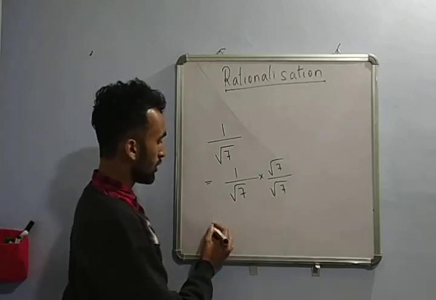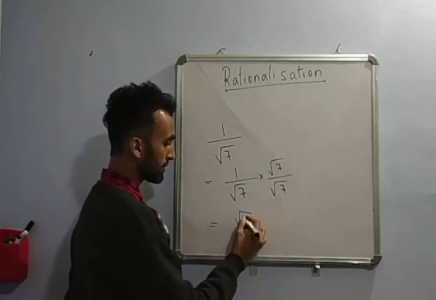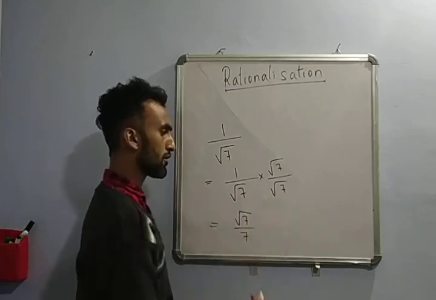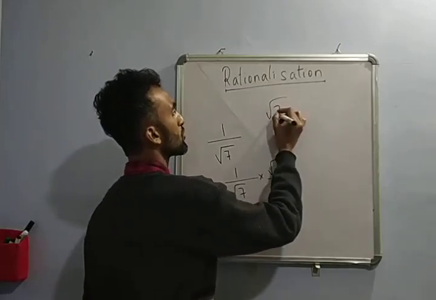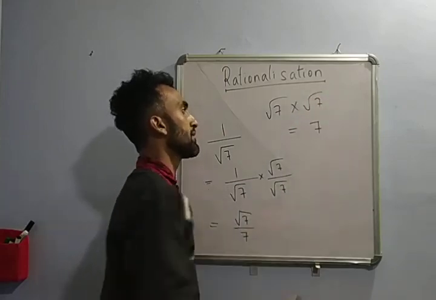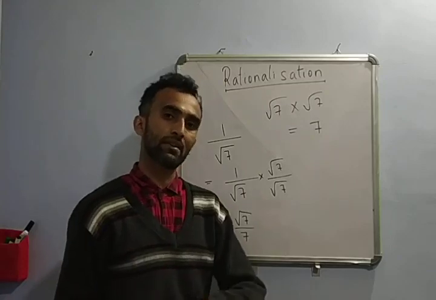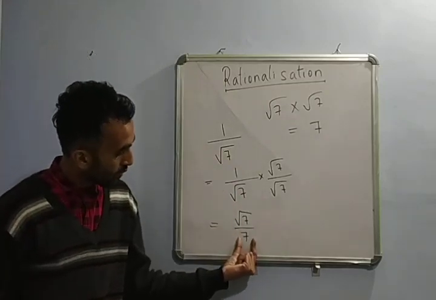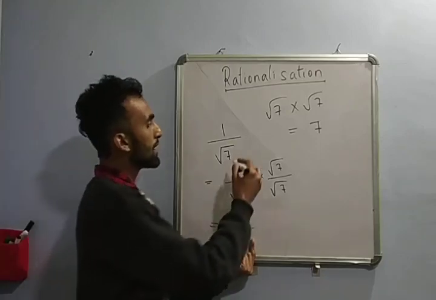Now 1 into root 7 is root 7, and root 7 into root 7 is 7. I am not going to do it in detail. Root 7 into root 7 is simply 7, because it becomes 7 square and 7 comes out of the root. See, now check the denominator. The denominator now becomes 7. Earlier it was what?